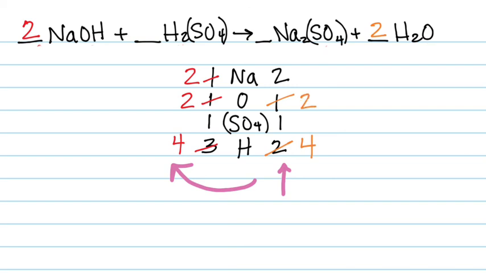And if I look at my final results, 2, 2, 1, and 4, 2, 2, 1, and 4. Looks like everything is balanced. So my final coefficients of 2, 1, 1, 2 balances out this reaction. It is ready to go. Those cannot be reduced. Final answer.